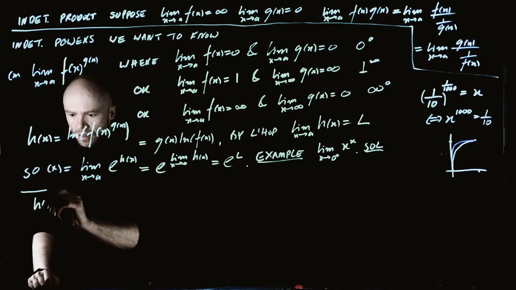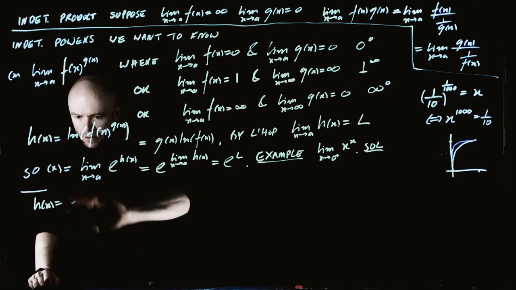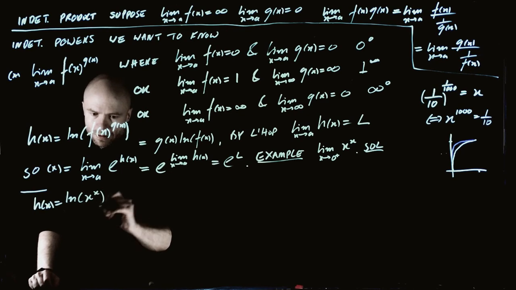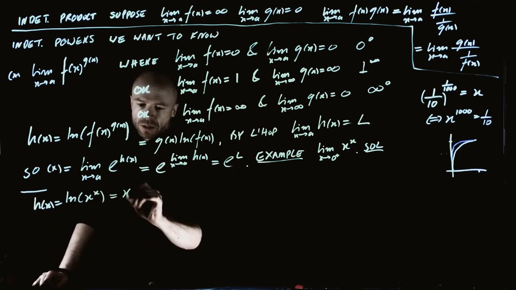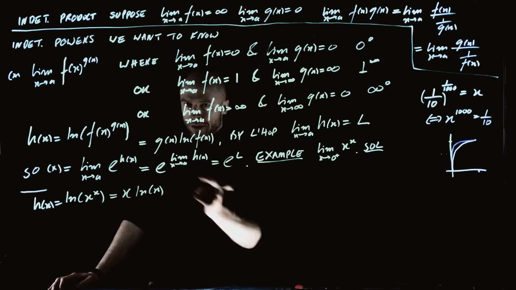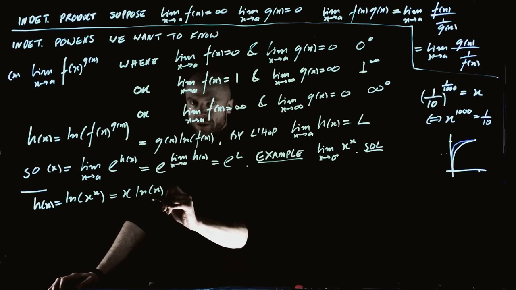So we're going to let h of x equal log of x to the power x, which is x log of x. And now it's an indeterminate product because as x is going to 0, this is 0 times infinity, right?